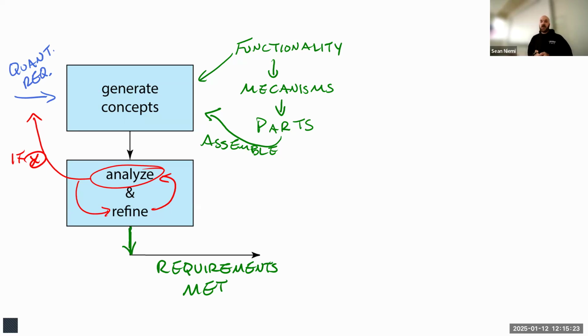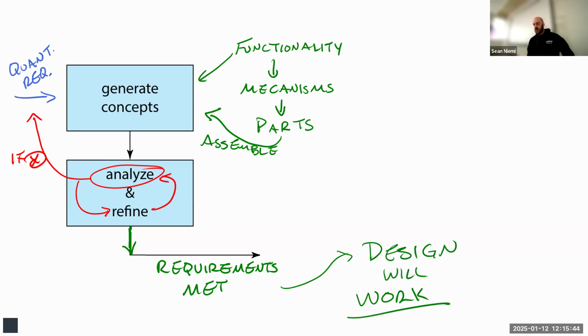This does not mean that your design is the best design, or that your concept is the best concept. This doesn't mean that your concept solves every problem. Our requirements are met here. This means the design will work. All right, that is it. That is all we care about at this stage. We have a concept and it will meet the requirements of the design.